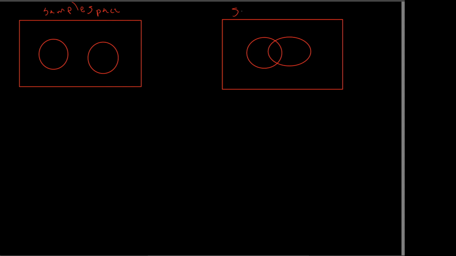If this is all possible outcomes, I can have event A and event B, or event A and event B can do this. So these are two separate representations of sample spaces.